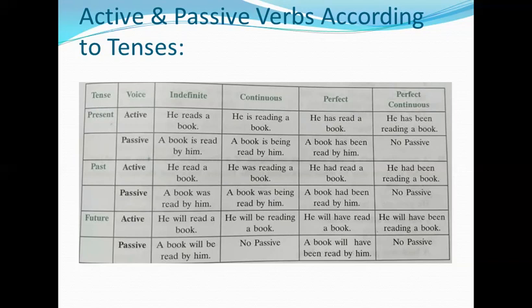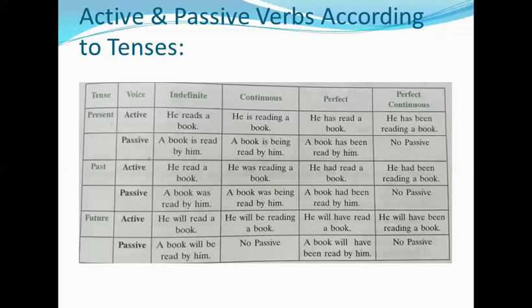In present continuous, if a sentence is, he is reading a book, then it will change into, a book is being read by him. In present perfect tense, if a sentence is, he has read a book, it will change to, a book has been read by him.